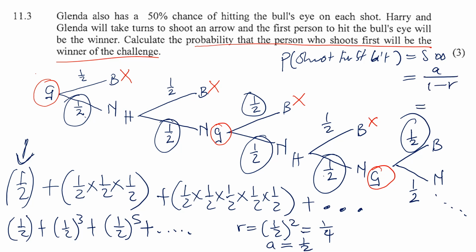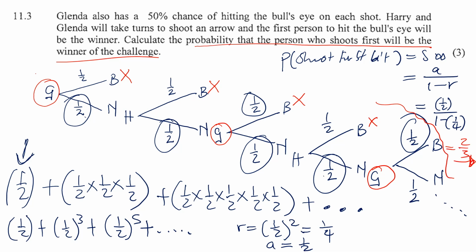Our a is a half, over 1 minus r, which is 1 over 4. Then you can just punch your calculator: 0.5, which is half, over 1 minus 1 over 4. Then the sum of those probabilities will add up to, let me put it in red color, the answer is 2 over 3.